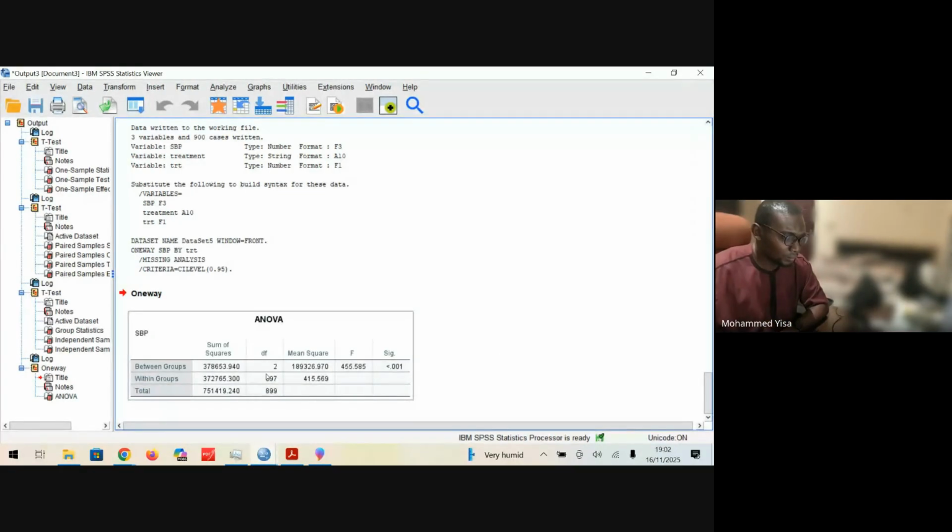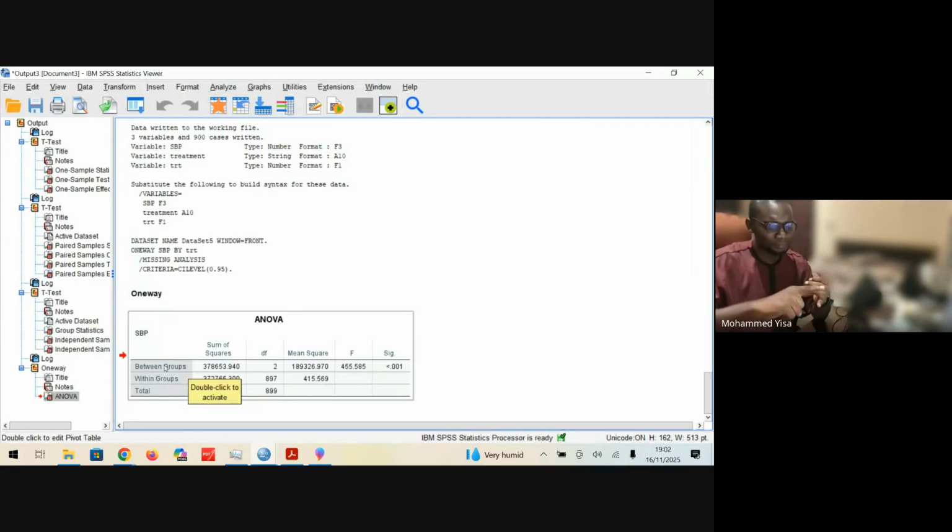So now ANOVA is telling you that there's something called between groups and then within groups. So between the groups, is there a difference between placebo, drug X, and drug Y? Or are they the same? This is what between groups is asking.